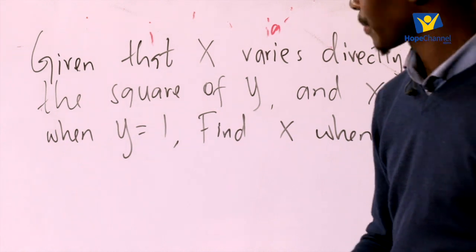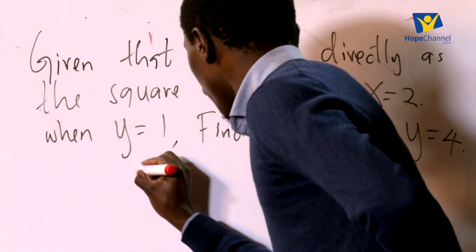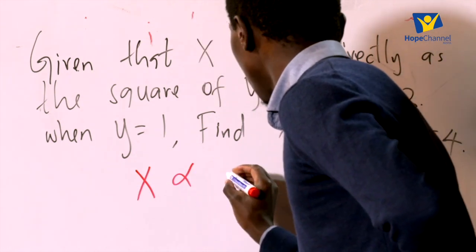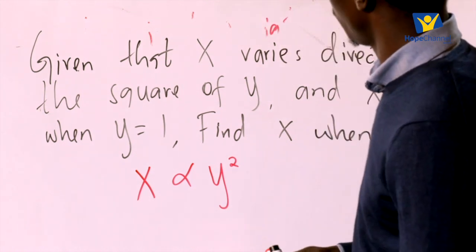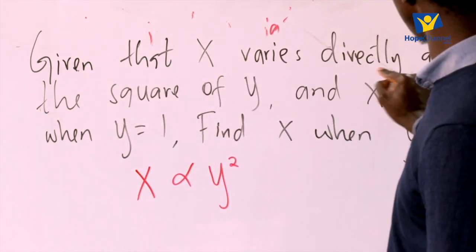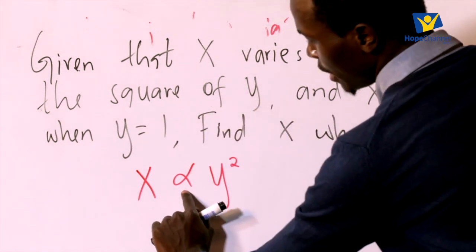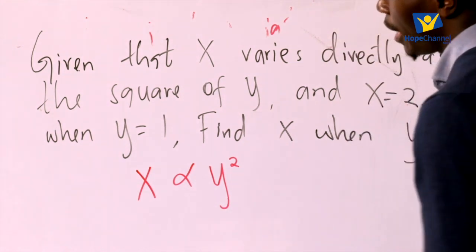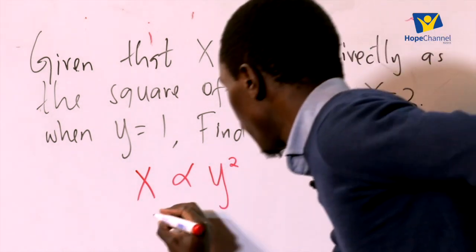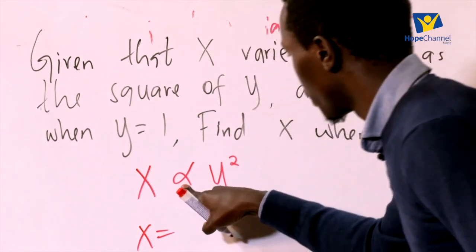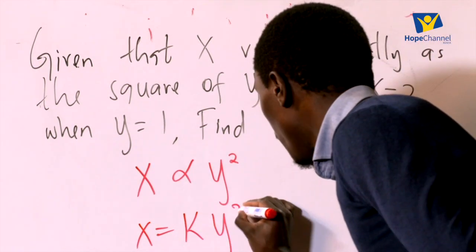Now remember, we said that x is directly proportional to the square of y. Look at that question. Given that x varies directly as the square of y, we introduce the proportionality sign so that we are able to introduce the constant of proportionality later on. Therefore, to do away with this proportionality sign, we introduce an equal sign, and then we have x equals k y squared.